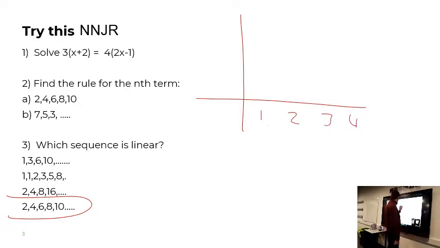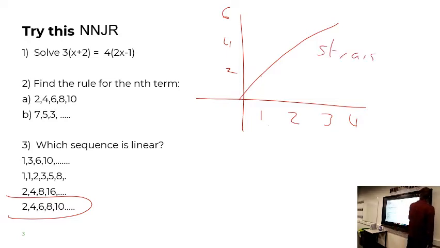The first term the value is 2, second term the value is 4, third term the value is 6, and draw it nice and neatly. It will give you a lovely straight line. For the others, when you plot them, it won't provide a straight line, so they're not linear.